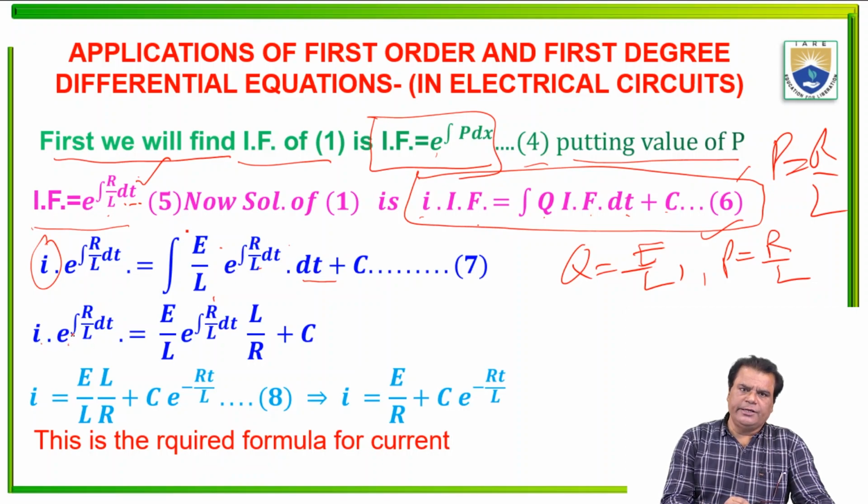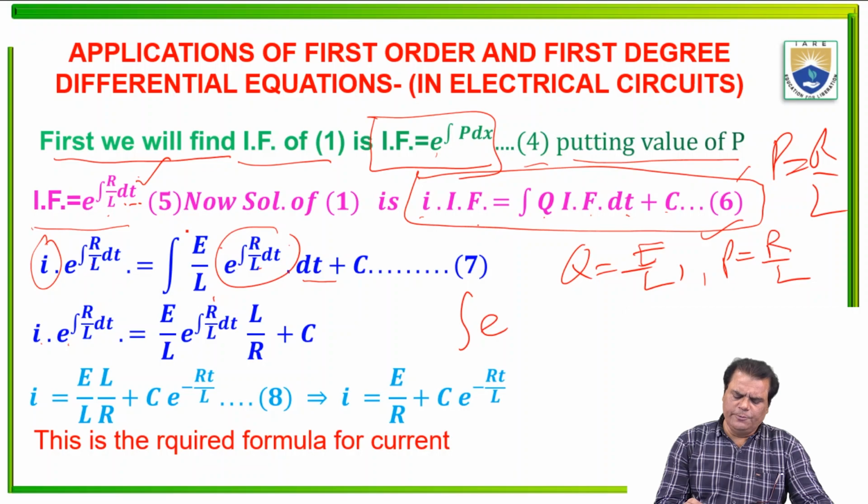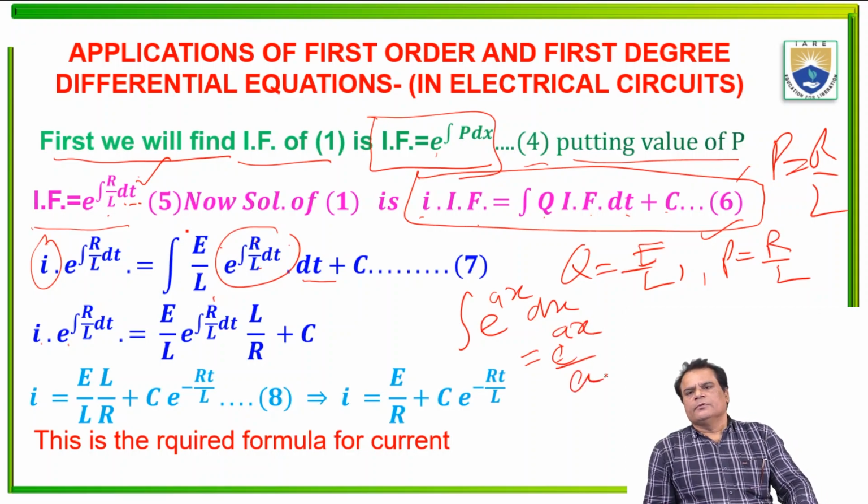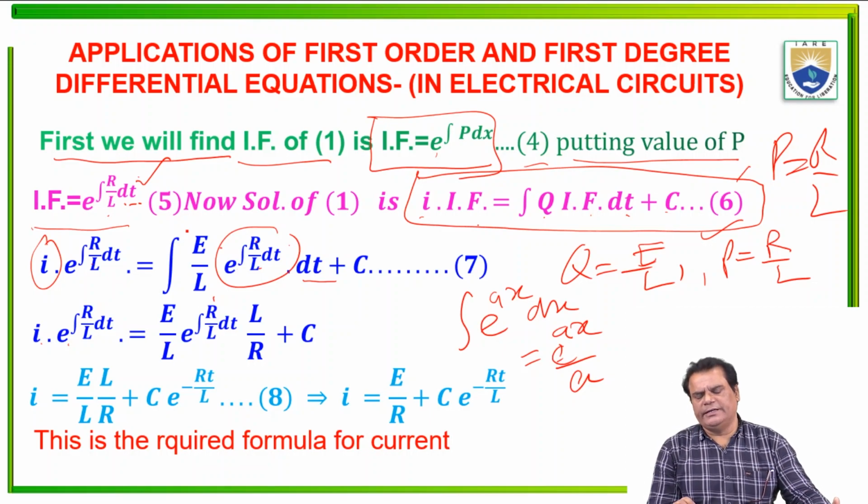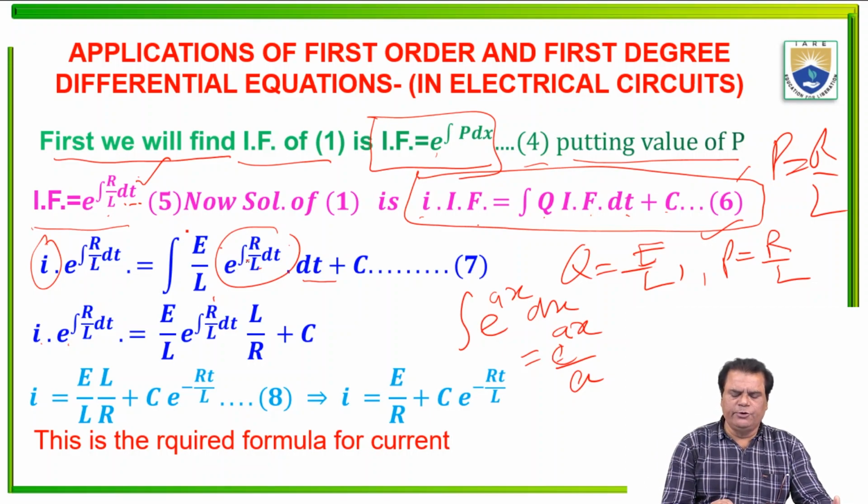This is I, e to the power integration R by L dt equal to E by L, integration of e to the power ax dx. So the answer is e to the power ax upon a. This is the formula of integration of e to the power ax. Here it is e to the power integration R by L dt.